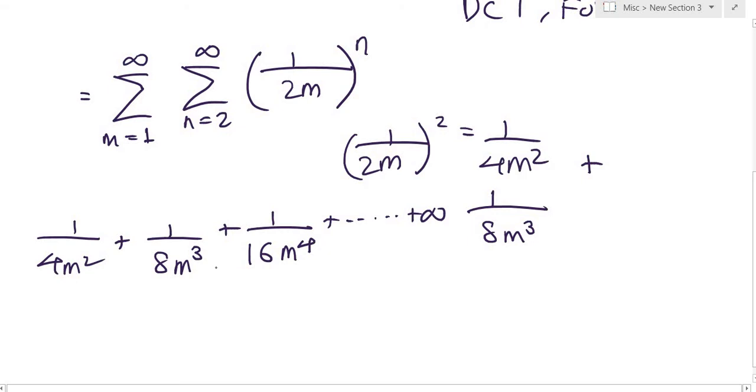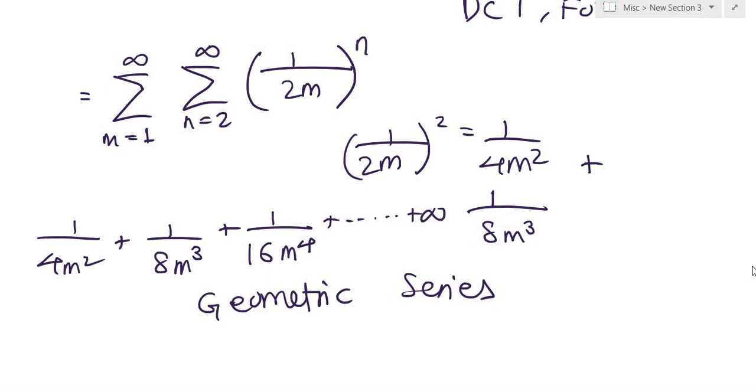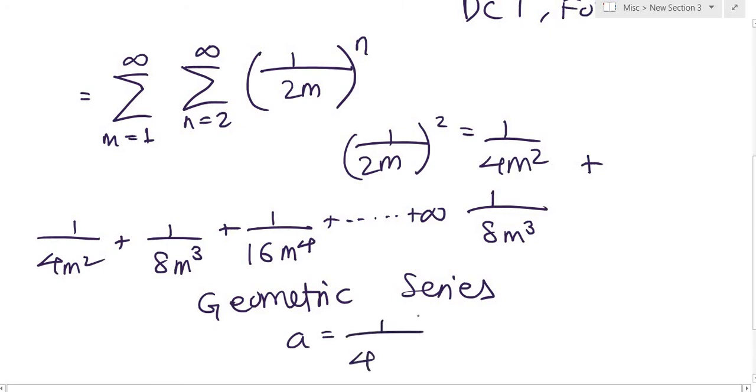Well, by the looks of this thing, this looks like a geometric series, right? It's a geometric series because you have the first term, which we commonly denote as a. We have the first term as 1 upon 4m squared, and the common ratio, when you divide successive terms, you just obtain 1 over 2m as the common ratio.